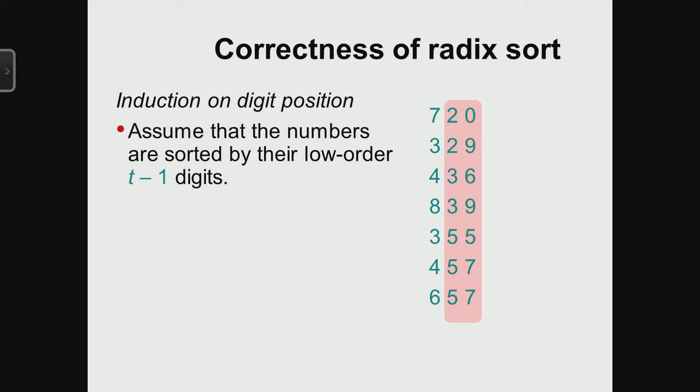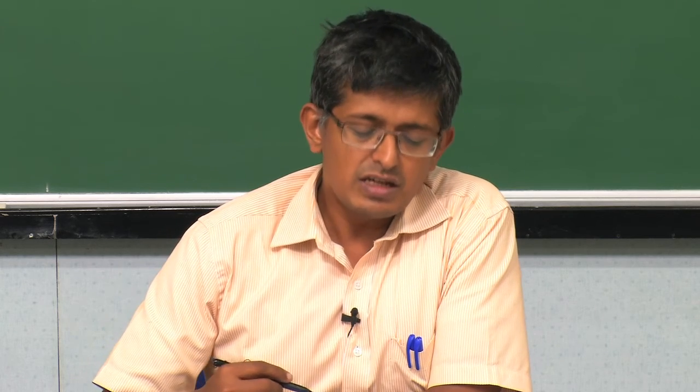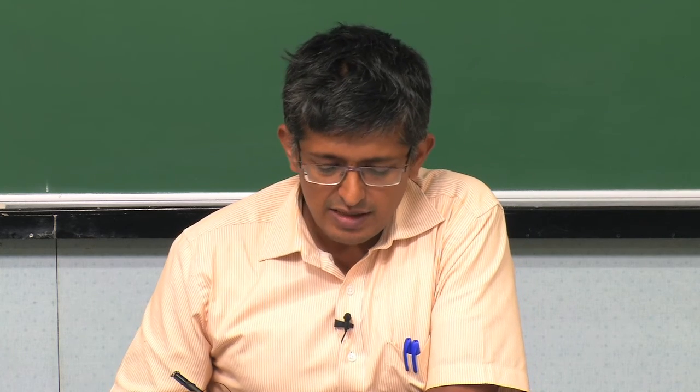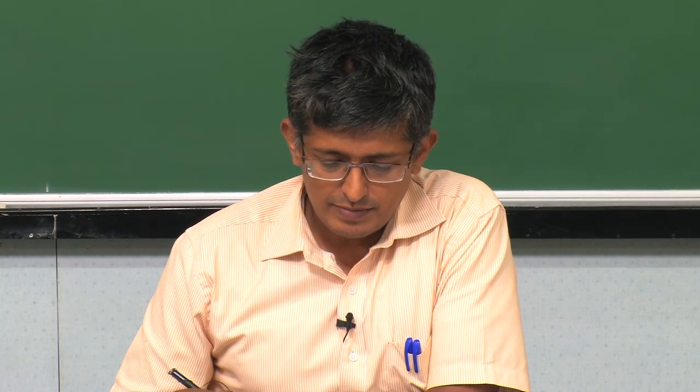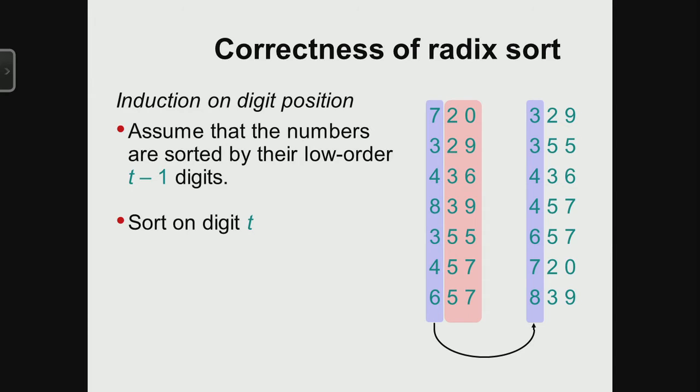So, let us assume that the numbers are sorted by their lower order t minus 1 digits after applying counting sort on the first t minus 1 digits. Now, when we sort on digit t, the array is now sorted.